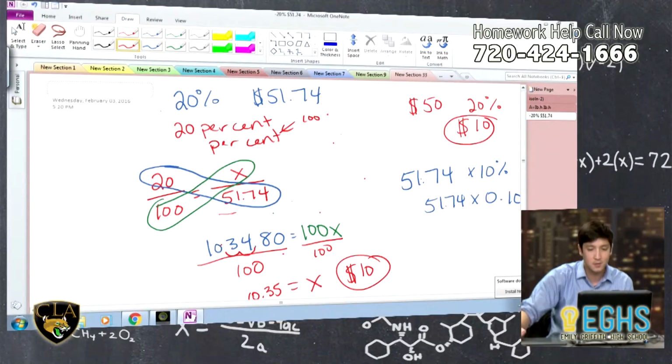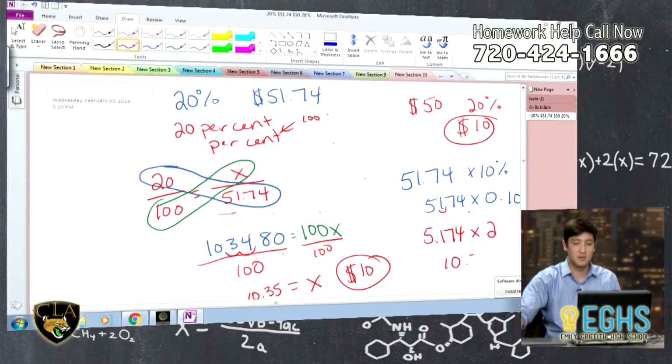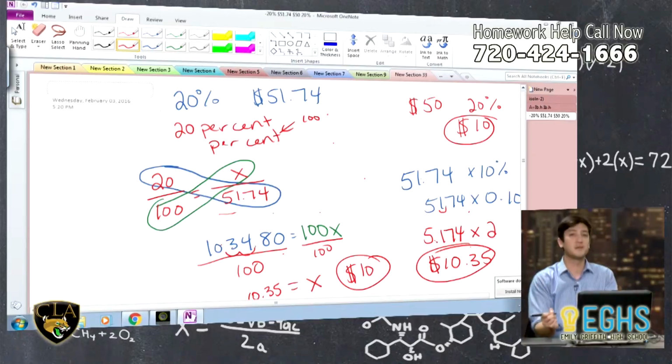You could just move the decimal over to the left 1 place, and you get 5.174. Because we're doing that twice, you just double this, and you get 10.35 again. So that's the way I like to think about it. Just do 10% and then double it, and it's a really quick calculation. Move your decimal, times 2.